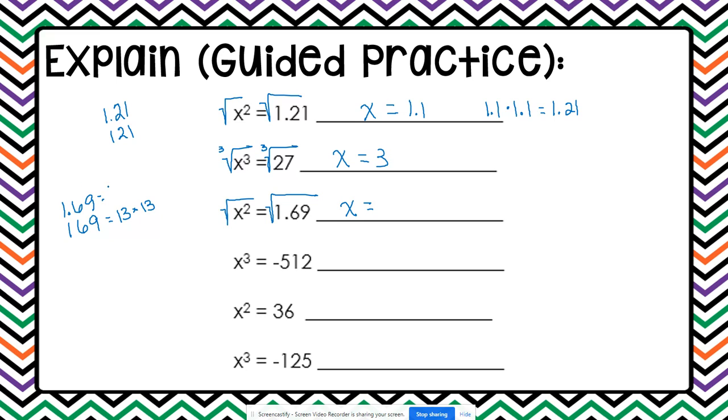Well, if I can think about that, then that probably means that 1.69 is the same as 1.3 times 1.3. Well, we can put that in our calculators and check, and when we do 1.3 times 1.3, we do get 1.69. So the square root of 1.69 is 1.3. Now remember, it can also be negative 1.3, which is true for our first problem as well.